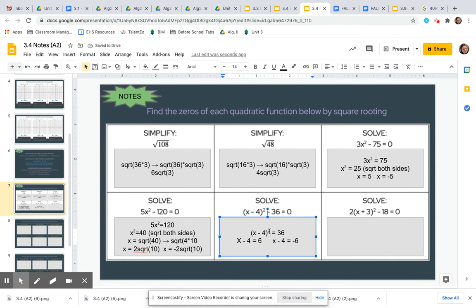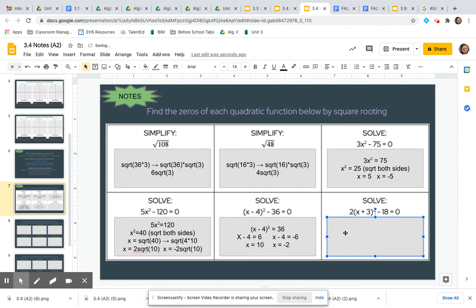Right? So the second you take that square root, you need a positive and a negative, just like I did up here. The difference is you still have to add 4 to both sides here. So you're going to have two separate answers that aren't the same number. So 6 plus 4 is going to be 10. And negative 6 plus 4 is going to be negative 2.